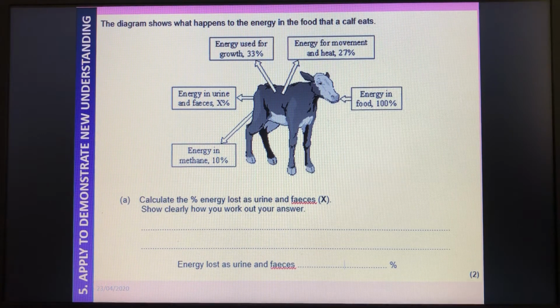Calculate the percentage energy lost as urine and faeces, show clearly how you work out your answer. Only a 2 marker, so we've got 100% in, 27, 33 and 10 gone. So let's see what we've got left. And if you need extra time, pause now.